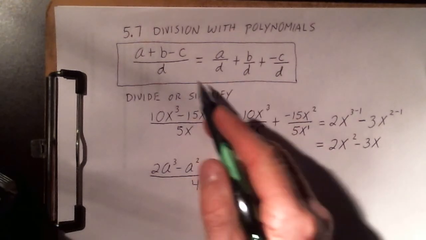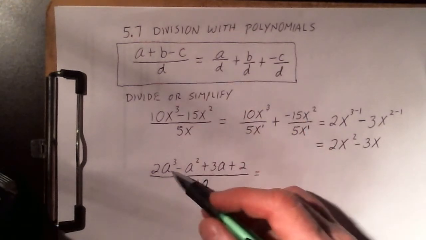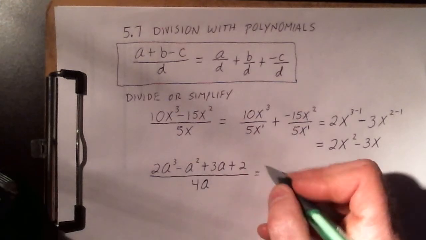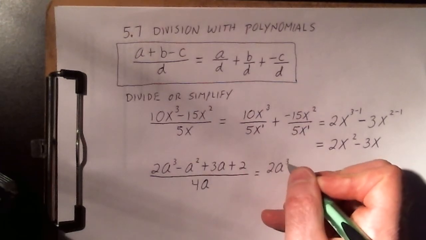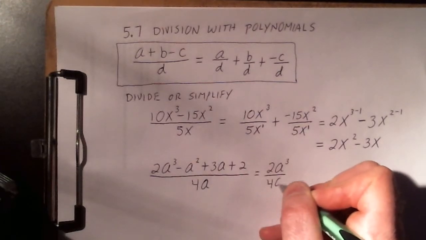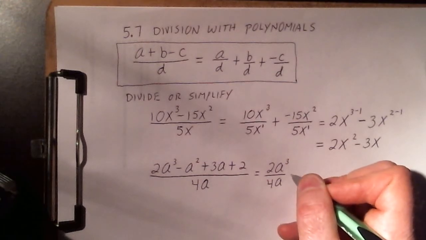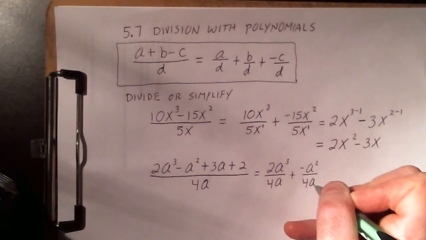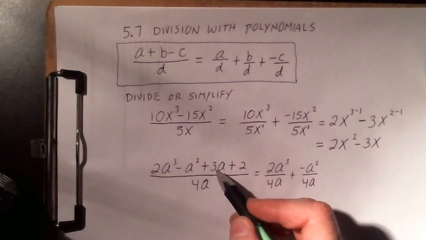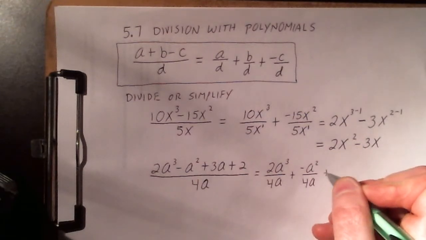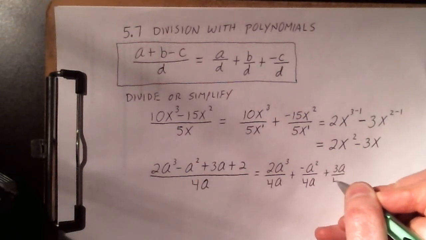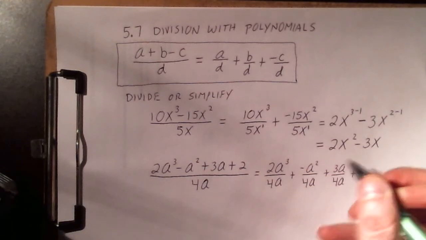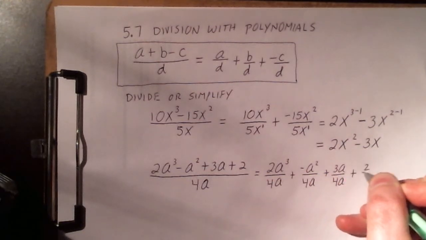Again, we can utilize this property above by placing each term of the numerator over the denominator. That's to say I can put 2a cubed over 4a, plus a negative a squared over 4a, plus 3a over 4a, plus 2 over 4a.